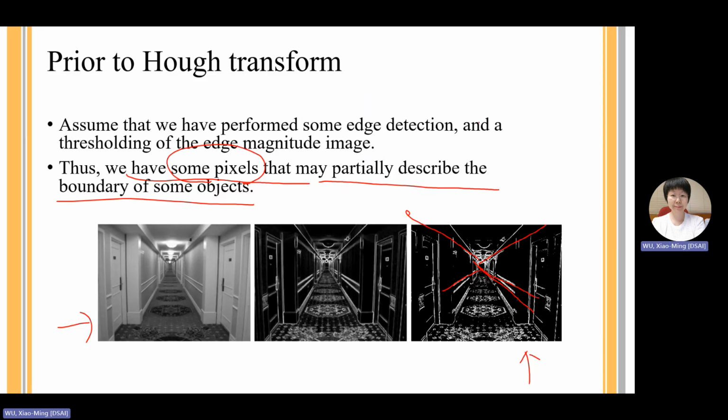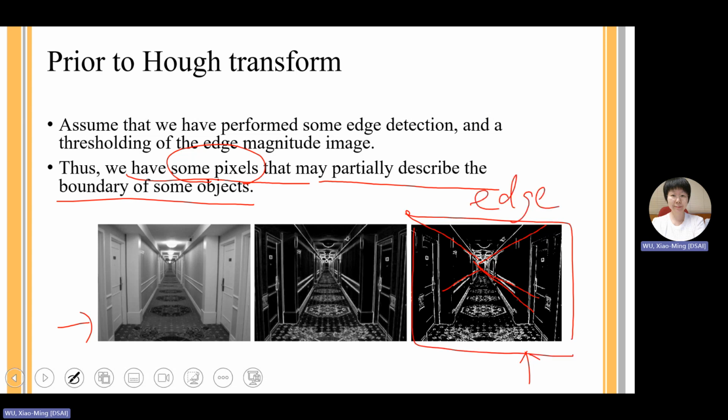Okay, so on the edge map, this is the result of the edge map. How can we identify, for example, the top 10 or the top 20 most significant lines within the edge map or from the image?